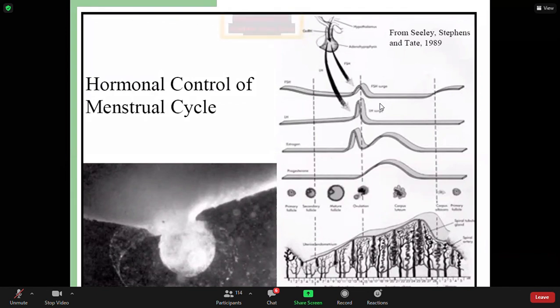This is the first part, the first 14 days. And then it will cause the growth and development of the follicle. That's why you have the first 14 days as the follicular phase. And then those follicles, or the granulosa cells, will produce a certain hormone, estrogen.